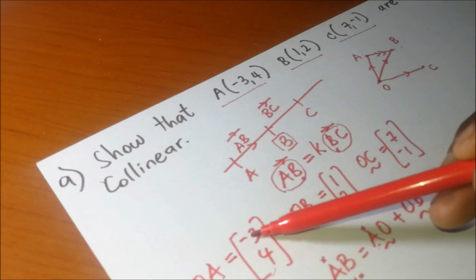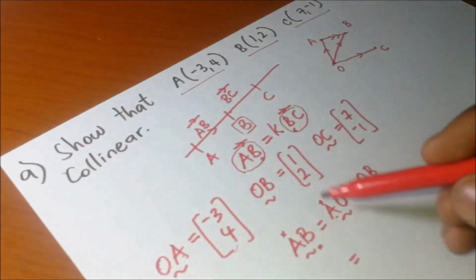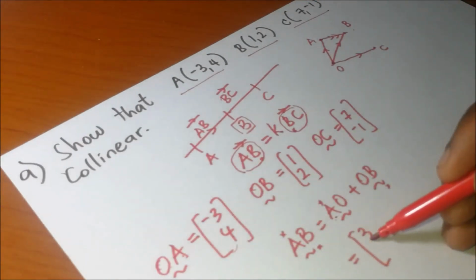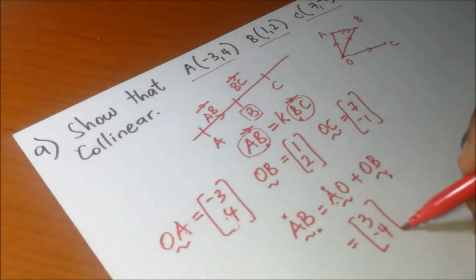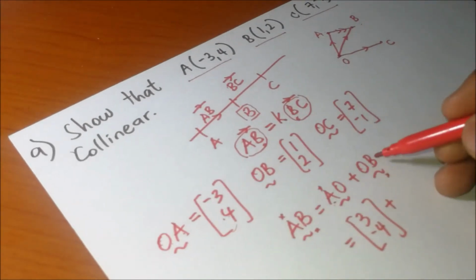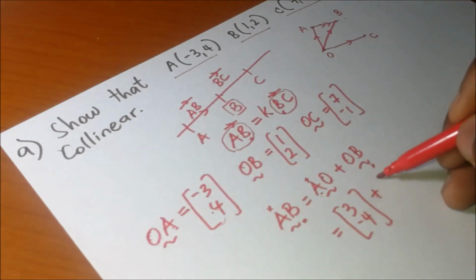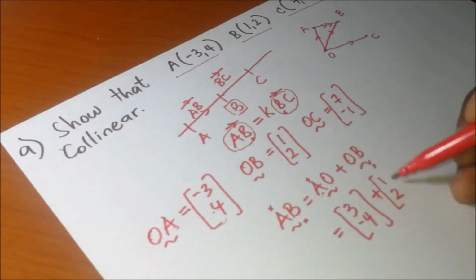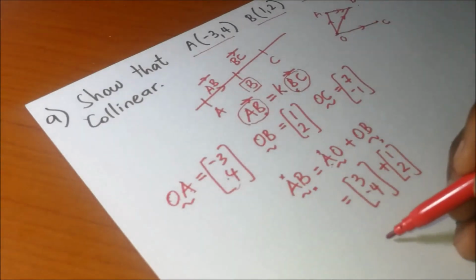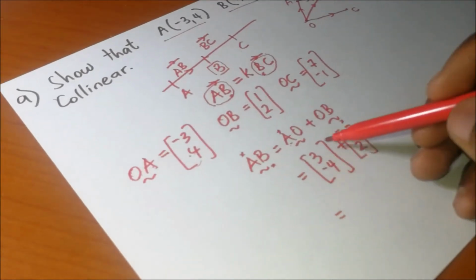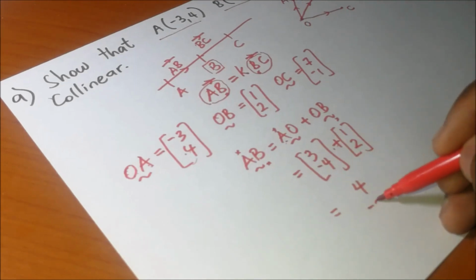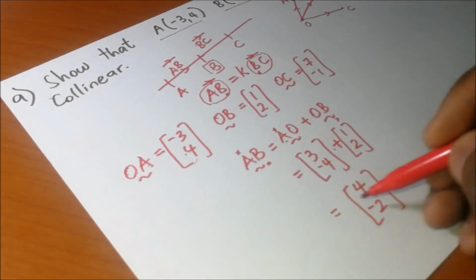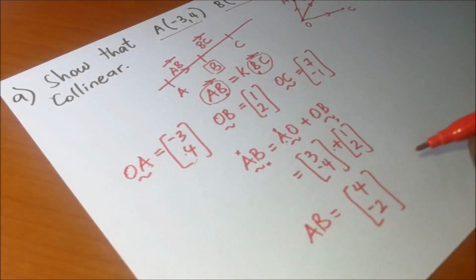So if this was -3, it means AO right here is going to become +3, and this 4 becomes -4, plus OB. OB is 1, 2. And so those two are going to give us 3 plus 1, which is 4, -4 plus 2, which is going to give us -2. That is our AB right there.